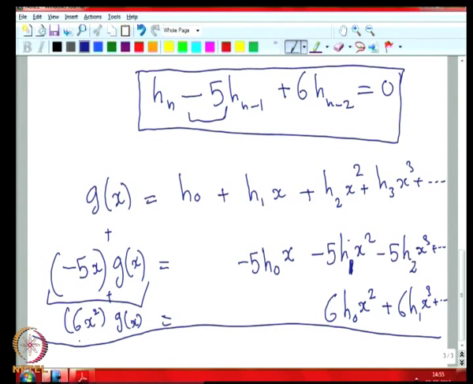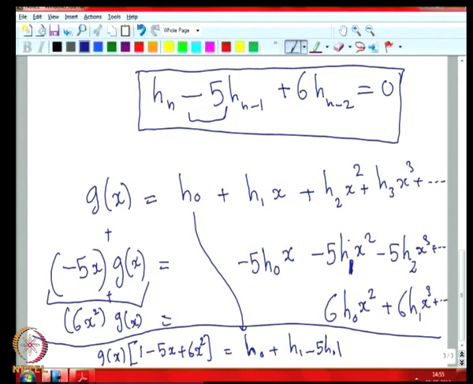So what do I get here? I get g(x) into 1 minus 5x plus 6x square. That's what I will get. This is equal to, so here this will come here, h0 plus h1 minus 5h0 into x.